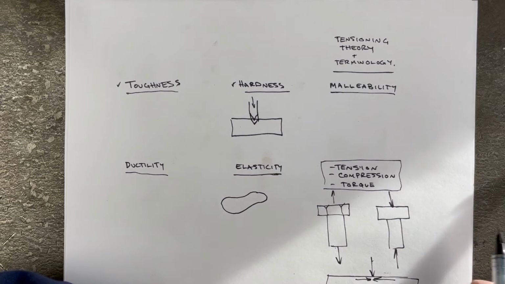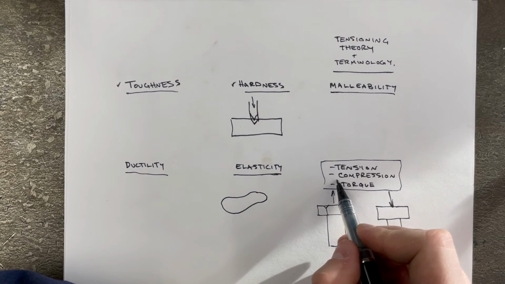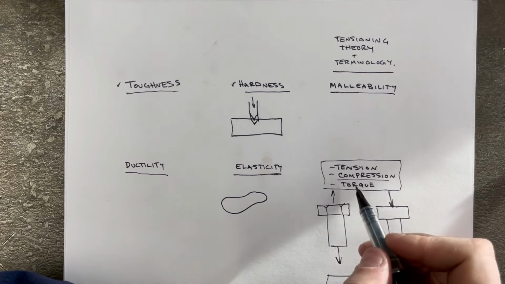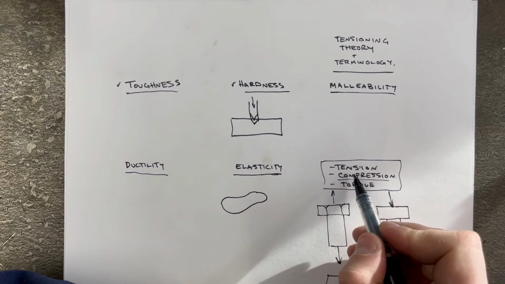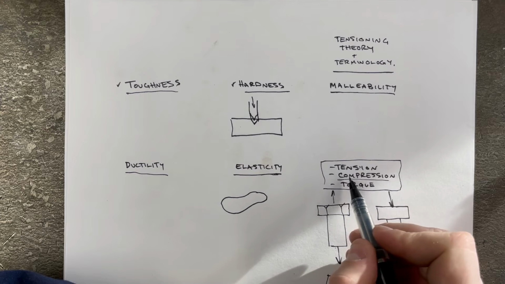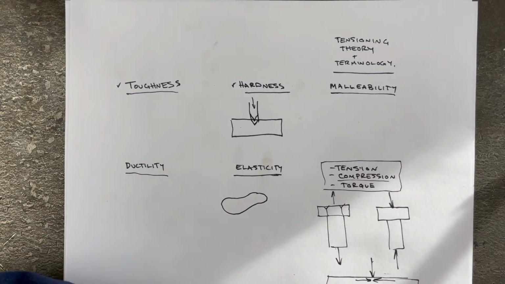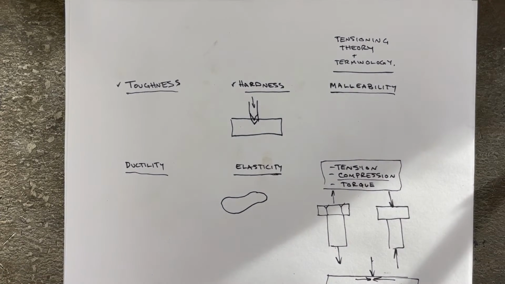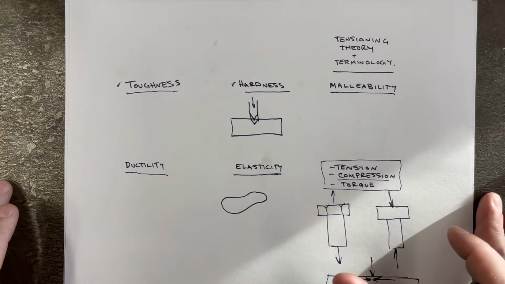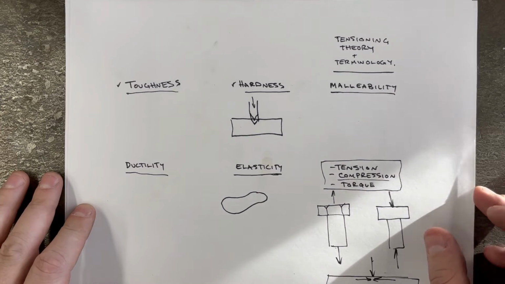So tension and compression are opposites to each other. Concrete has a high amount of compressive strength, but has a very low tensile strength. That's why we put rebar in concrete, so that it can take the tensile forces applied to it. But rebar doesn't have a high compression strength, because it'll just bend and twist if you put it in compression. So those are some of the main terms. There's a few more to come here.